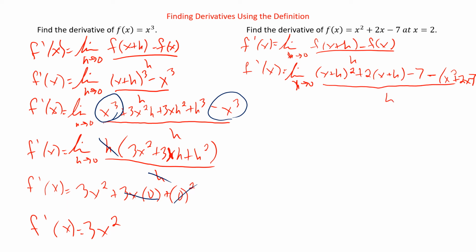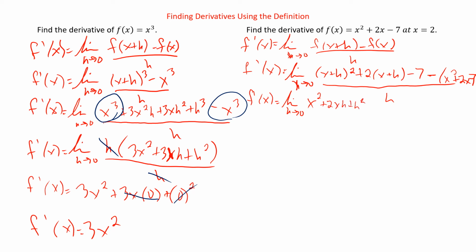We need to multiply some stuff out. F prime of x equals the limit as h goes to 0. X plus h squared, remember, is not x squared plus h squared. Don't be that guy. It is, however, x squared plus 2xh plus h squared.